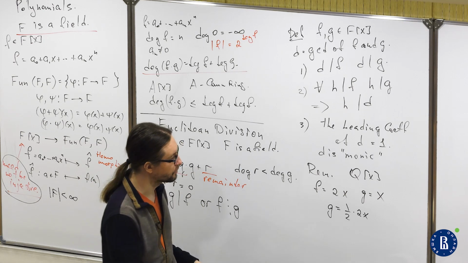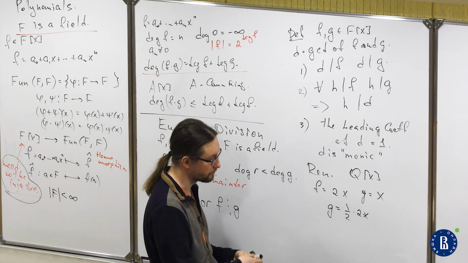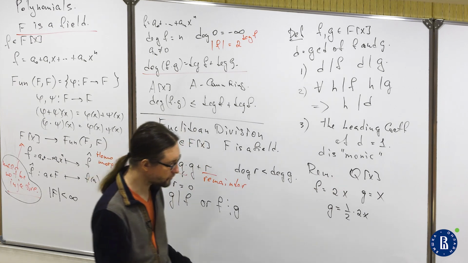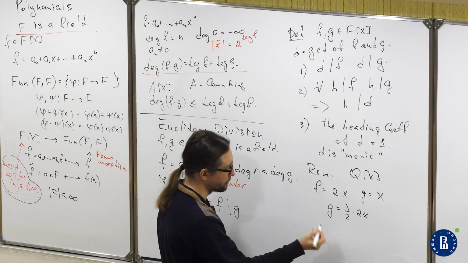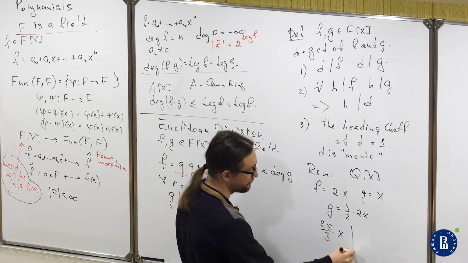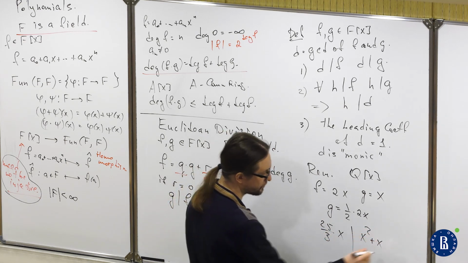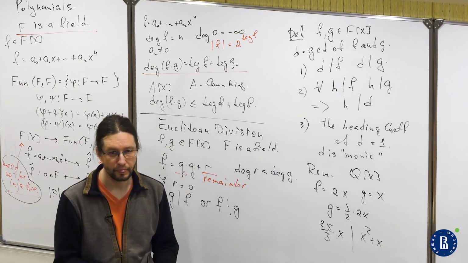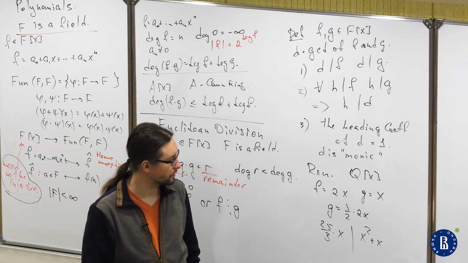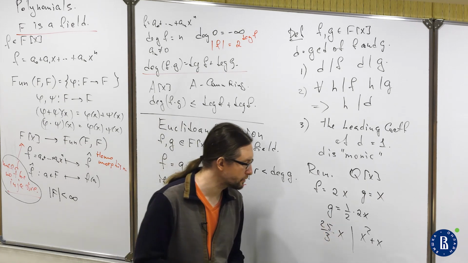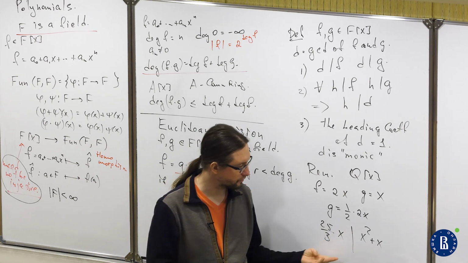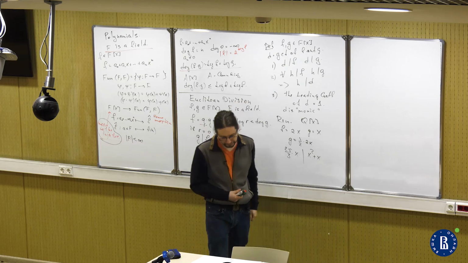So for example, you can write something like 25 over 3 x, it divides x squared plus x. It's easier to deal with polynomials without these fancy leading coefficients, but it may happen that you have something here instead of 1, and it doesn't change this property.